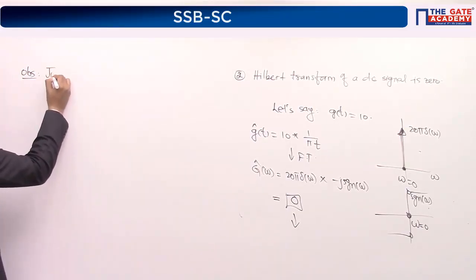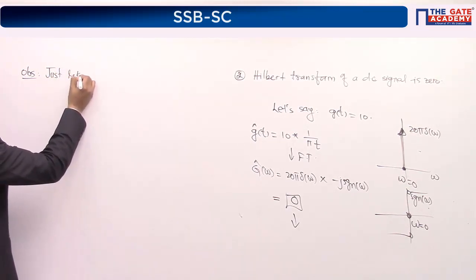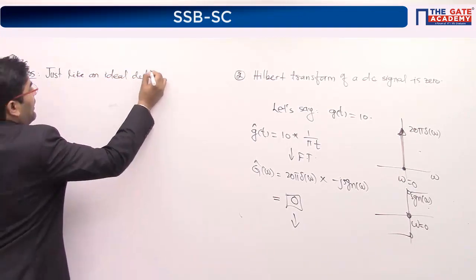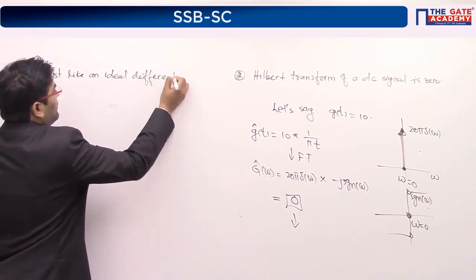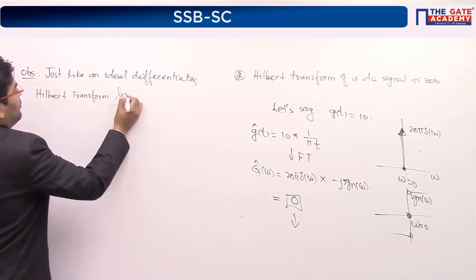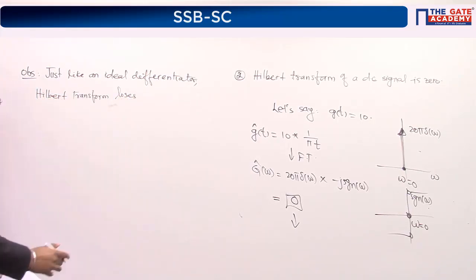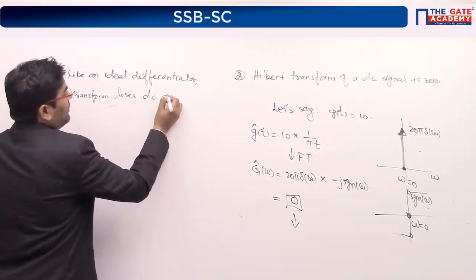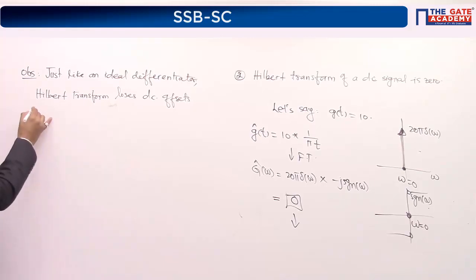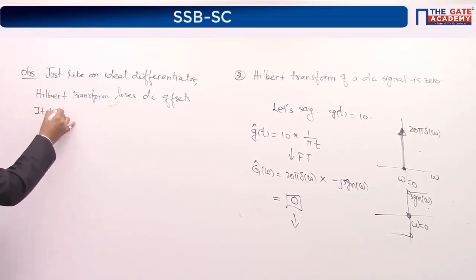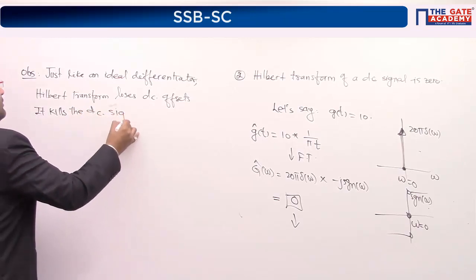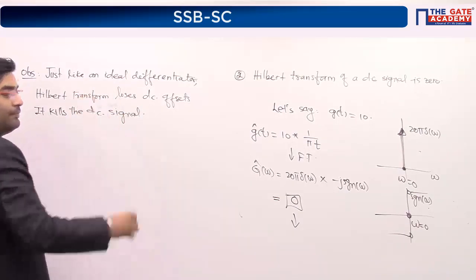Just like an ideal differentiator, Hilbert transform loses DC offsets, means the DC value is gone. You can also write in simple plain English, it kills the DC signal because the output is 0.